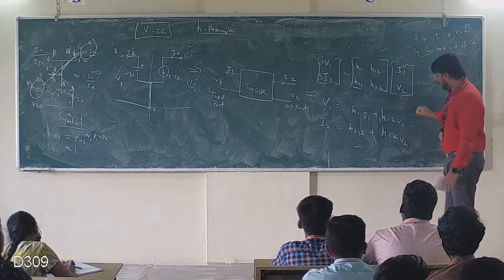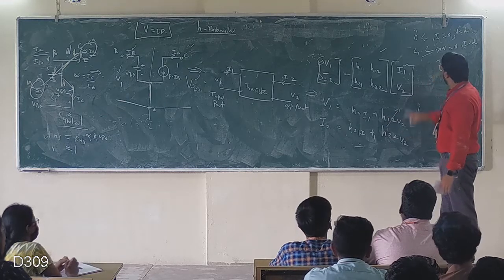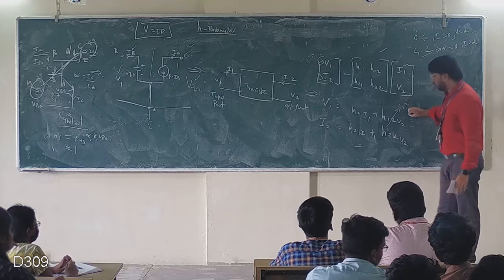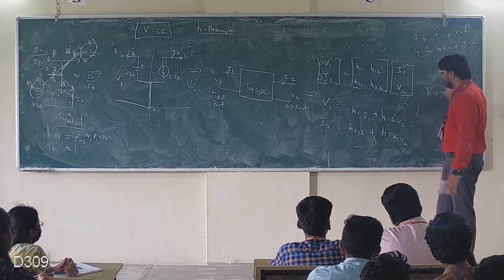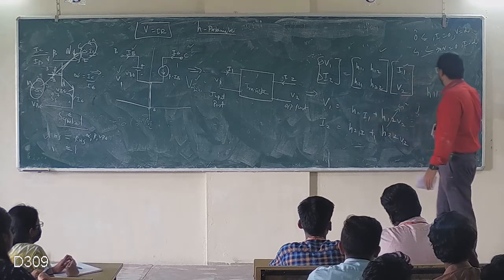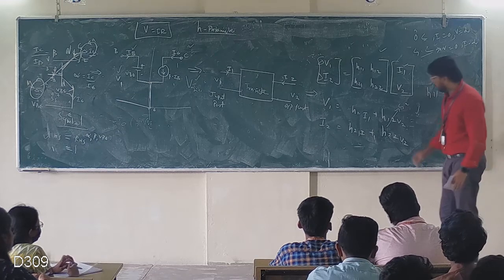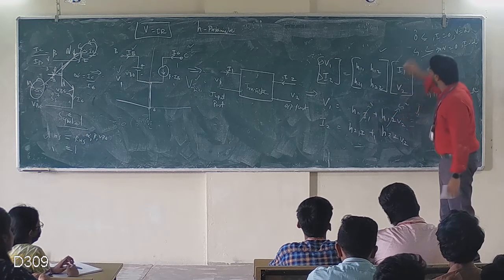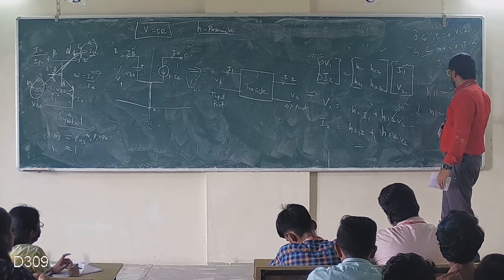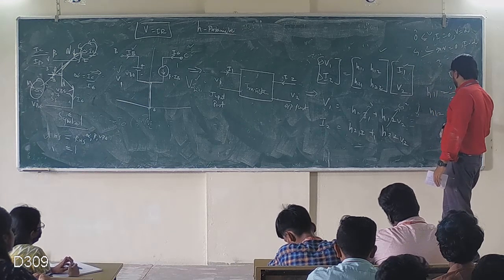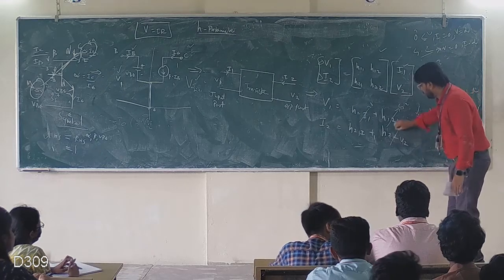In the equation, when the term becomes 0, V is 0 under short circuit. Applying short circuit in equation 1, H11 is equal to V1 divided by I1. V by I is ohm. H12 is equal to V1 divided by V2, the voltage gain.